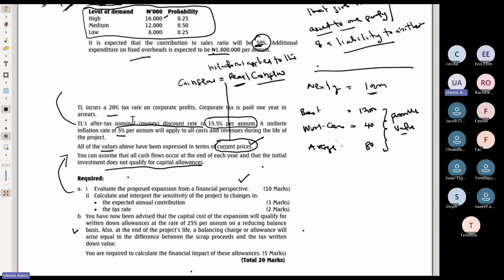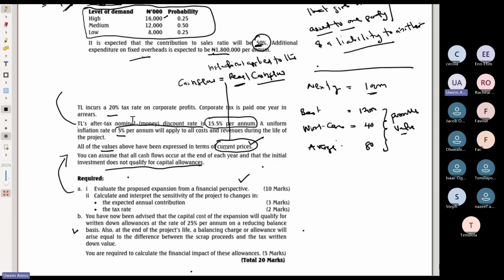B, you have now been advised that the capital cost of the expansion will qualify for written down allowances at a rate of 25% per annum on a reducing balance. Also, at the end of the project's life, a balancing charge or an allowance will arise equal to the difference between the scrap proceeds and the tax written down value.